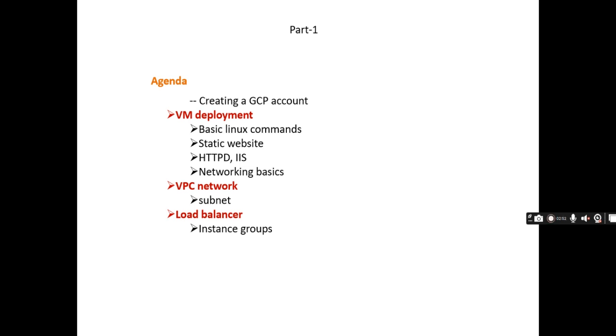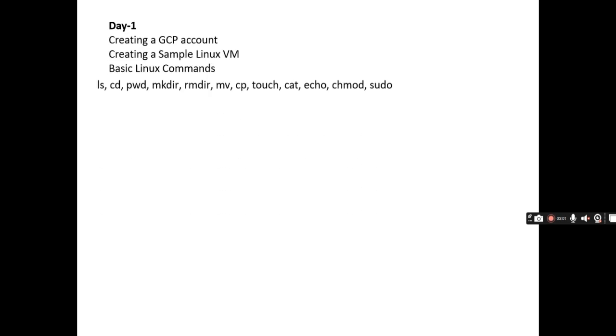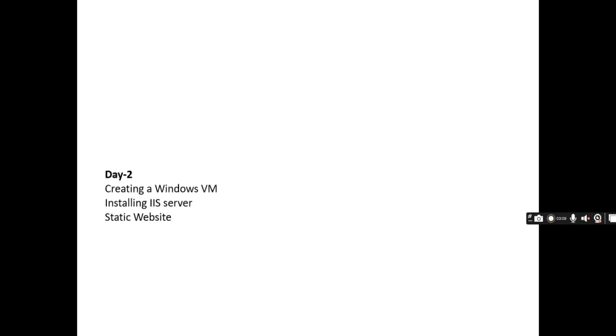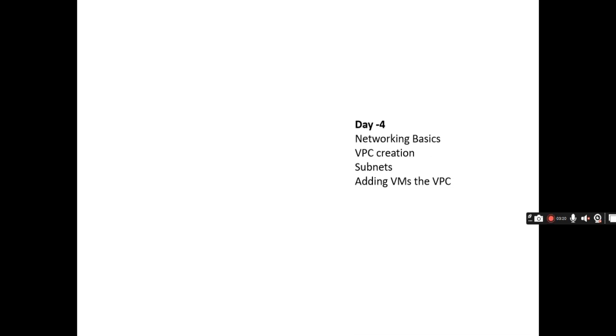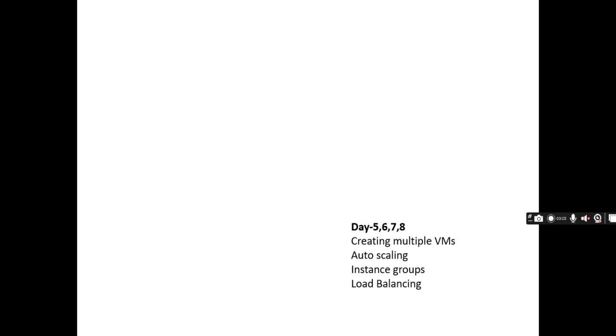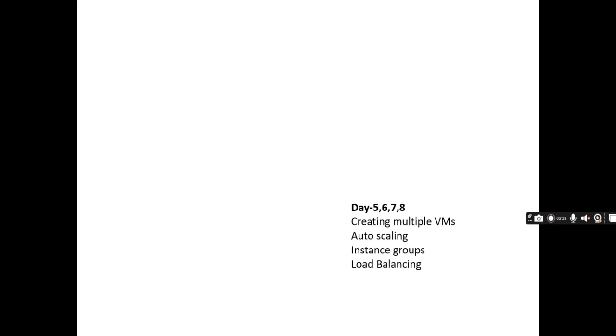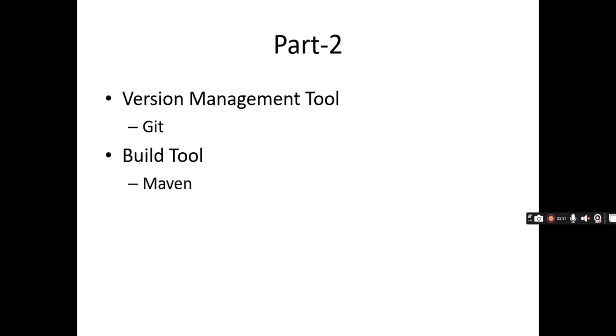We completed VM deployment, VPC network, and load balancing, and the basic Linux commands. Creating a Windows VM and installing an IIS server, a static website, all these things we have completed. Installing the HTTPD server is also completed. Networking basics are also completed. We have added VMs to the VPC and all other things. We took a long time for load balancing, and we have completed this.